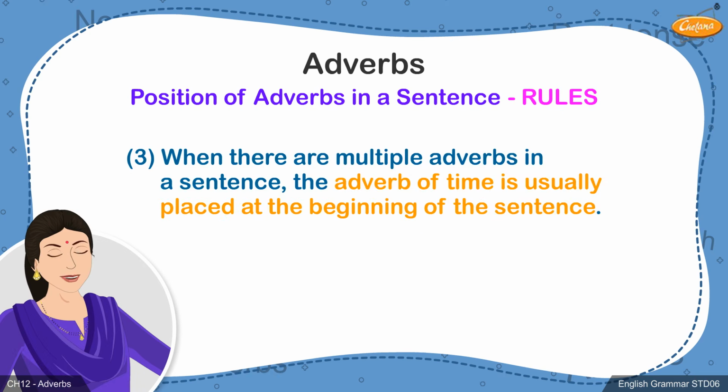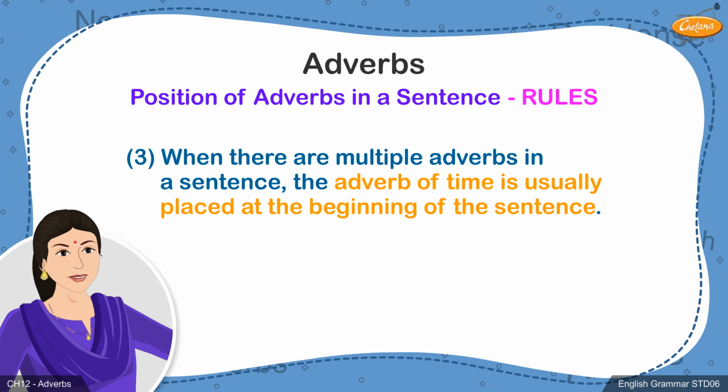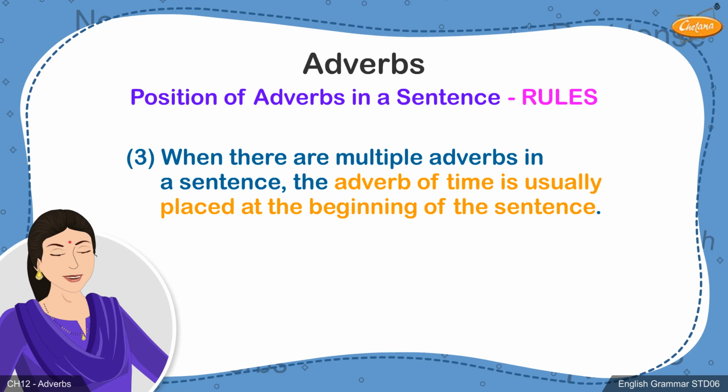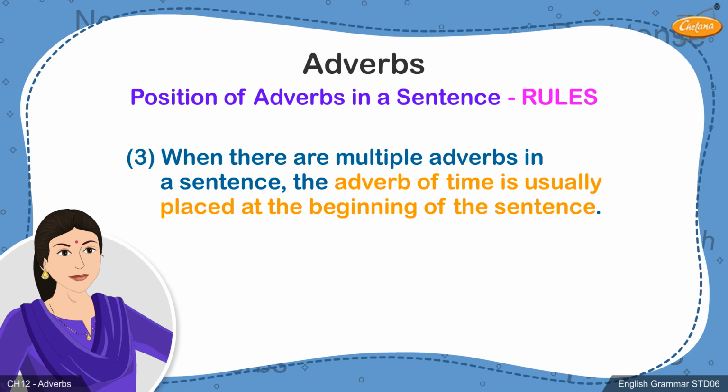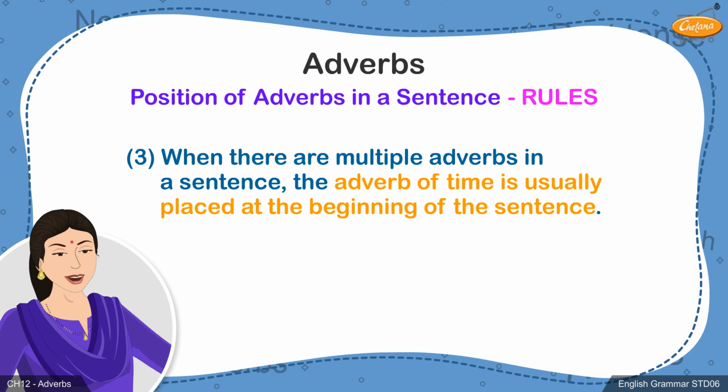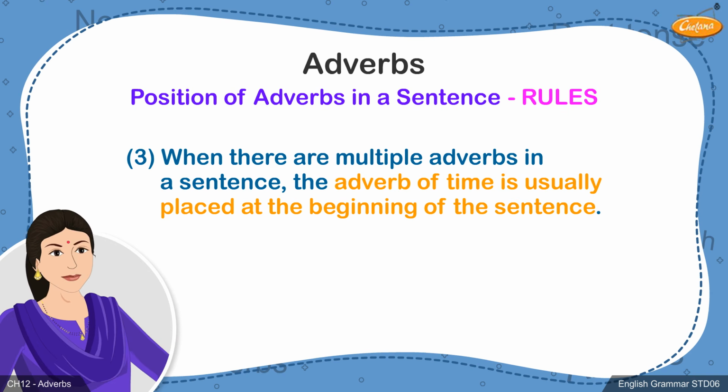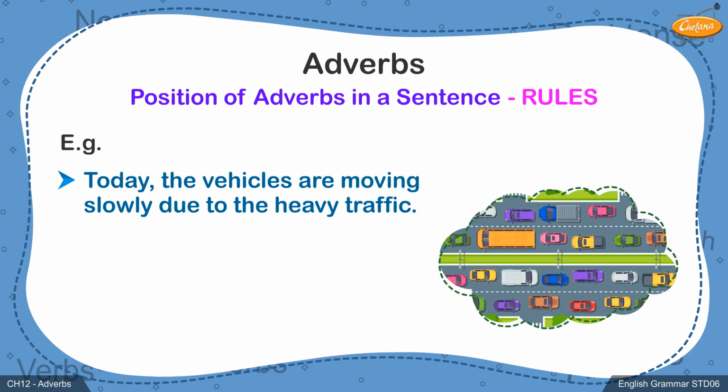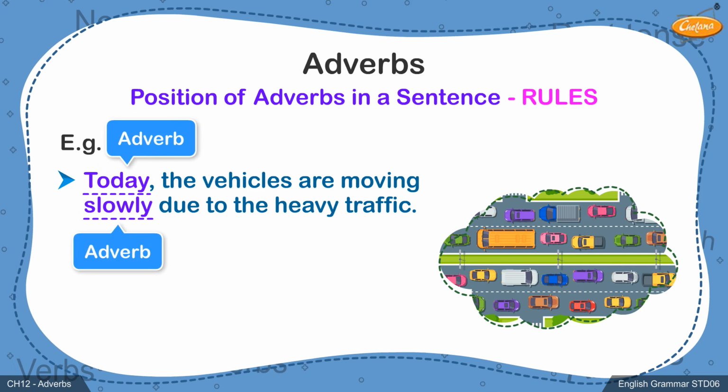The third rule is that when multiple adverbs are used in the same sentence, the adverb of time is usually placed at the beginning of the sentence. Read the sentence given on the screen. Today, the vehicles are moving slowly due to the heavy traffic. We know there are two adverbs in this sentence, today and slowly.